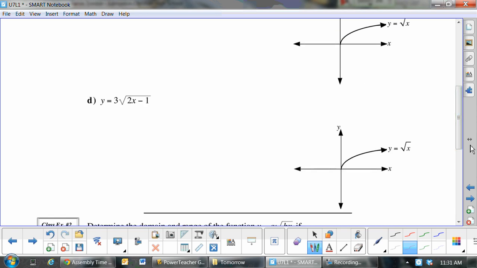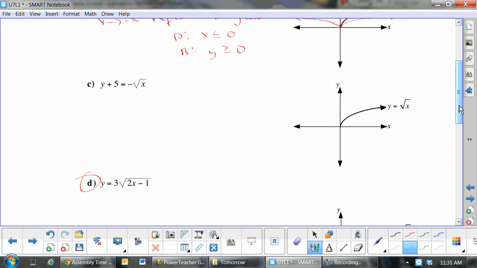Okay, let's do D. But how would I make that with the y? Let's just do C without doing all the work, but let's get it set up correctly. What do I do with that negative?